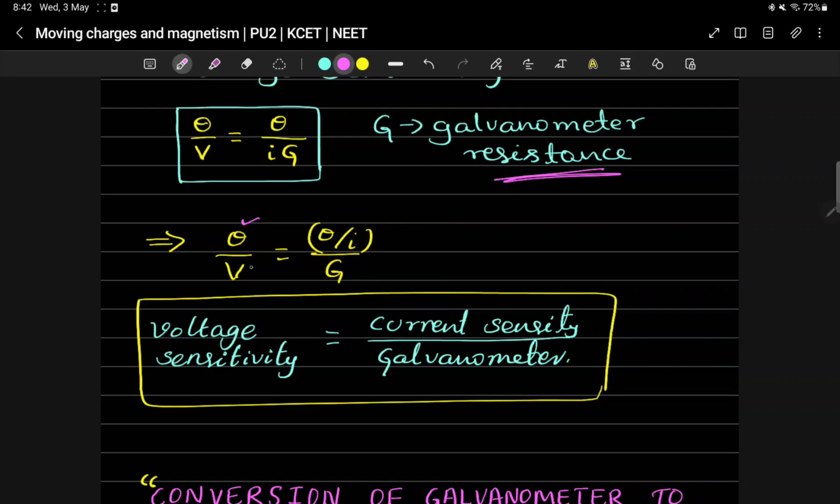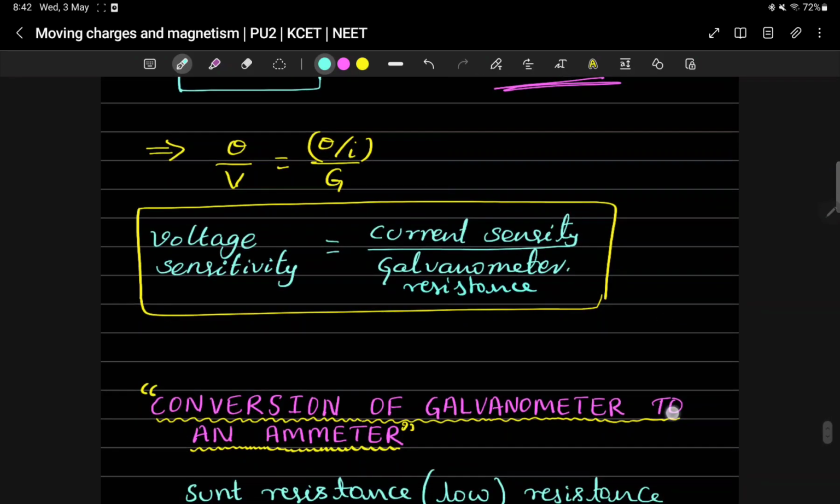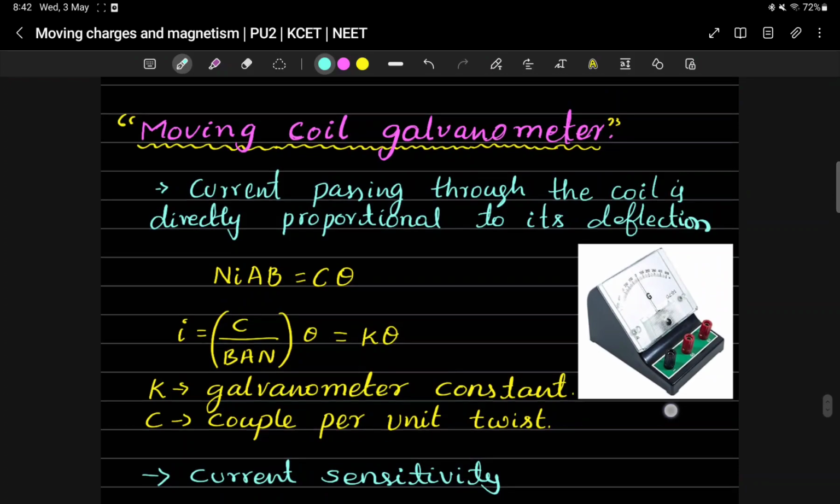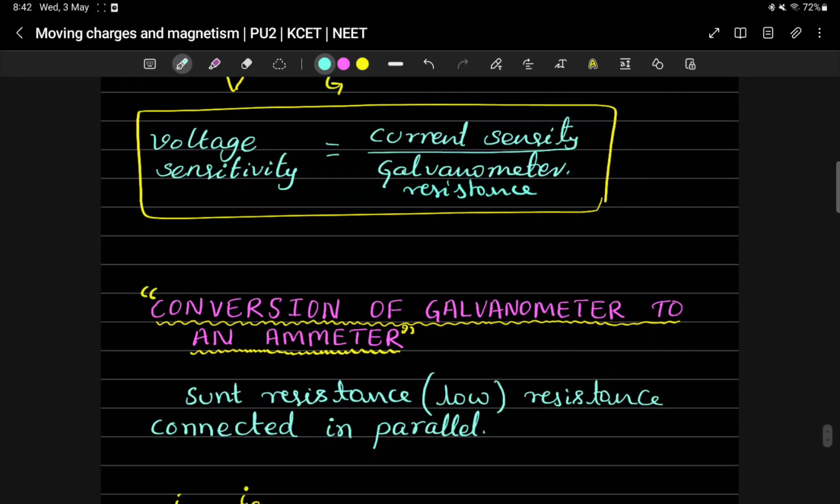So theta divided by V is called voltage sensitivity, theta by I is called current sensitivity. G is the resistance of the galvanometer. So this is all about the moving coil galvanometer.